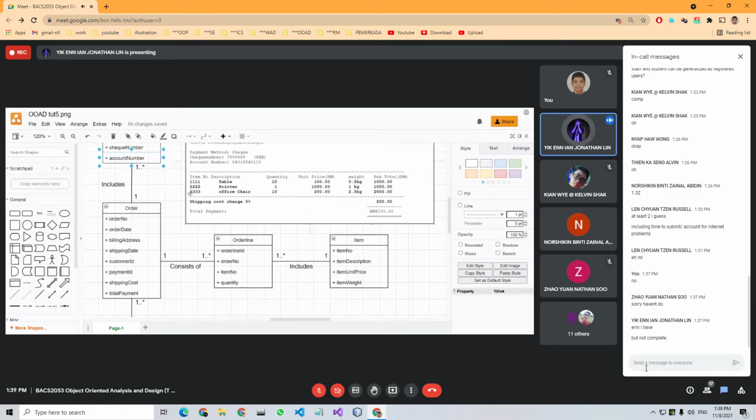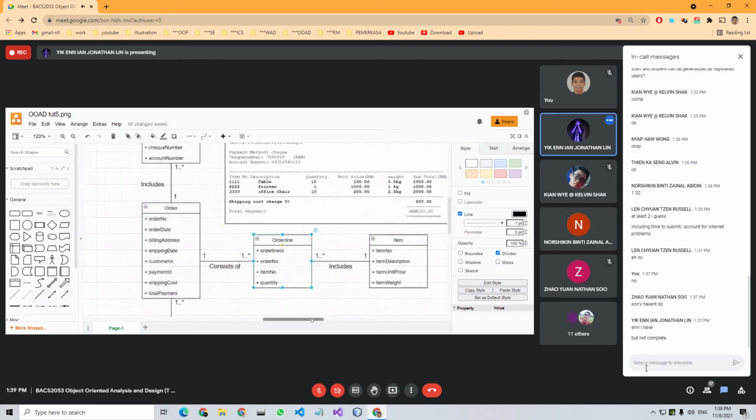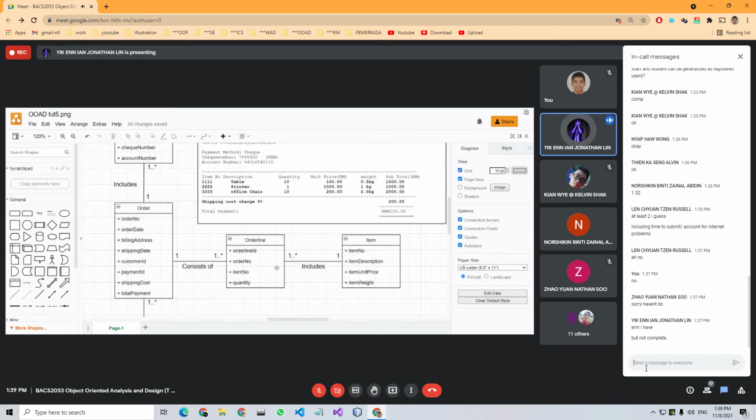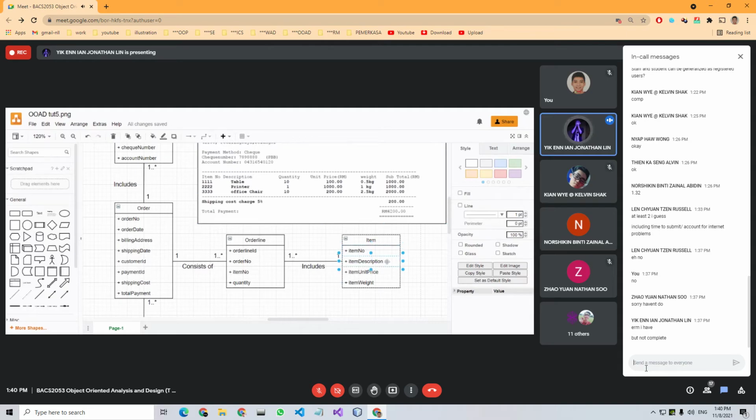After that, this is the order list. Here we have an order line, and here we have items. This is very similar to what we did for our assignment. This is the intermediary class which consists of one item for one order. Item number, description, unit price and weight are under the item class, and it will be included in the order line.